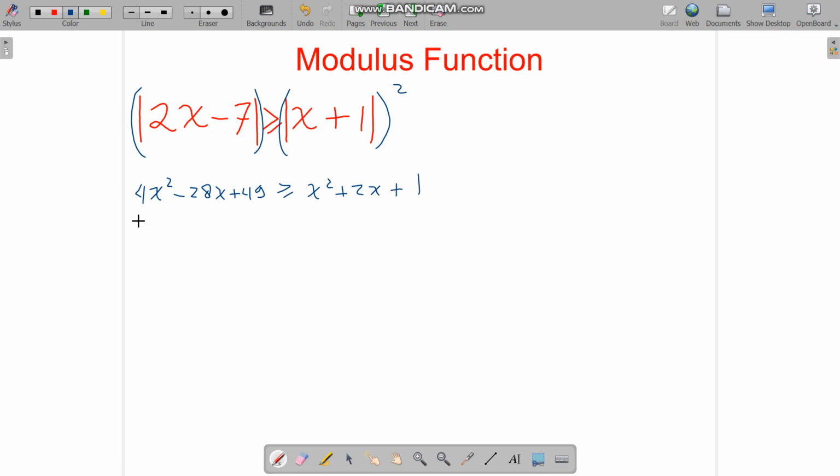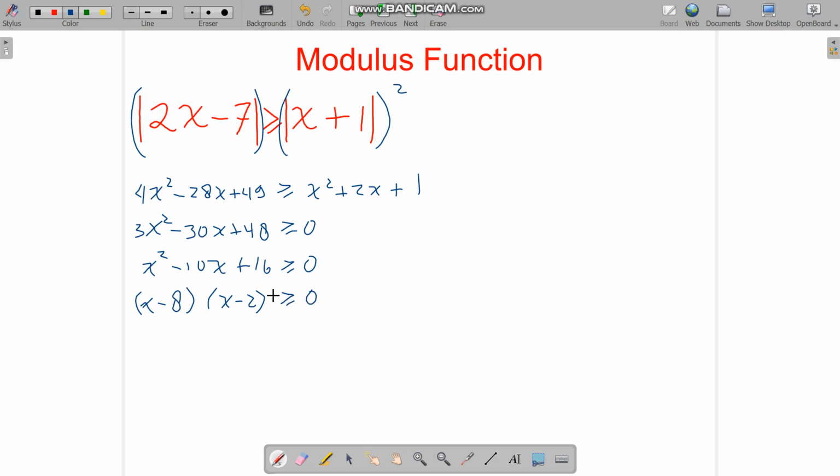Move everything to the left. 3x squared minus 30x plus 48 is greater than or equal to 0. Divide by 3. x squared minus 10x plus 16 is greater than or equal to 0. Factorize: x minus 8, x minus 2, greater than or equal to 0.